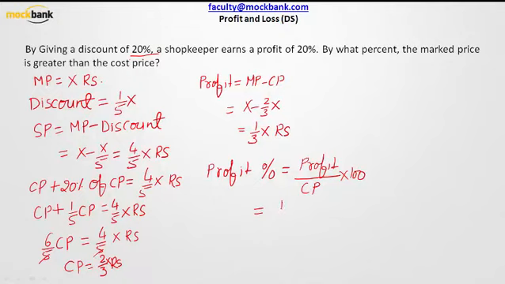Now profit is 1 over 3 x, cost price is what? 2 over 3 x times 100, and this comes out as half into 100, that is nothing but 50% profit. So if you are offering a 20% discount, you are making a 20% profit. If you do not offer this discount, you are going to make a profit of 50%.